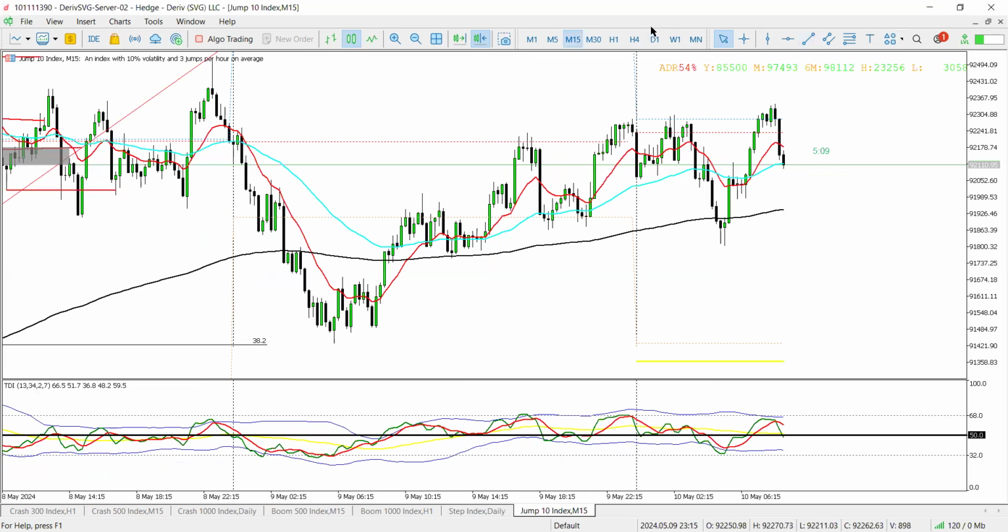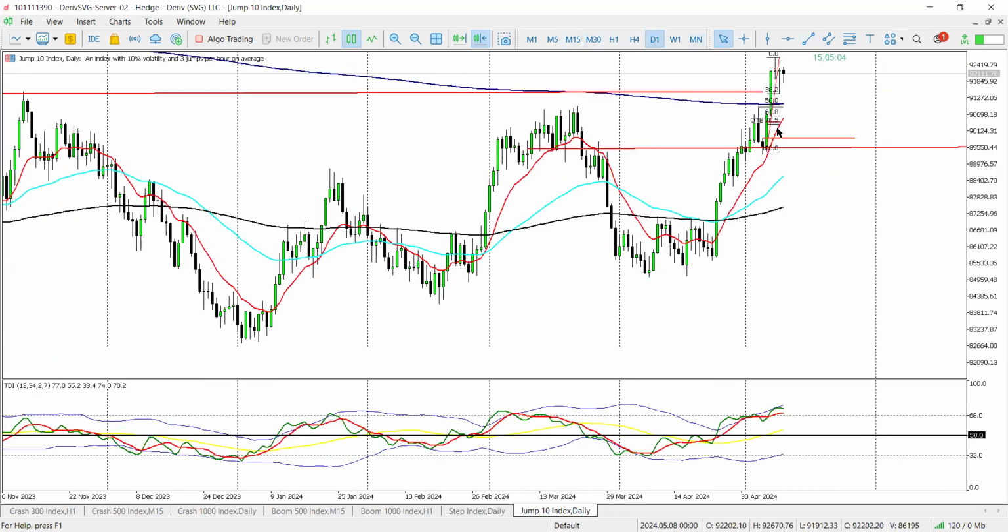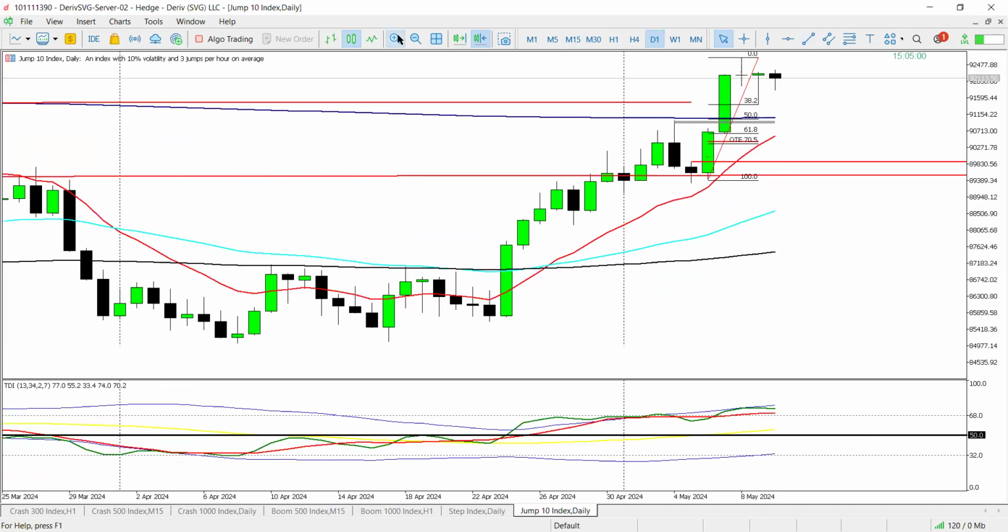Then going to Jump 10. Let's see the daily. We've also been quite bullish for the longest of times. If you take a look at these last two daily candles, price sort of slowed down and showed that they wanted to retrace.